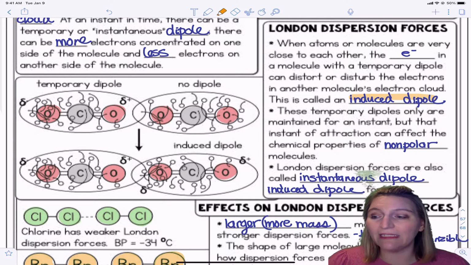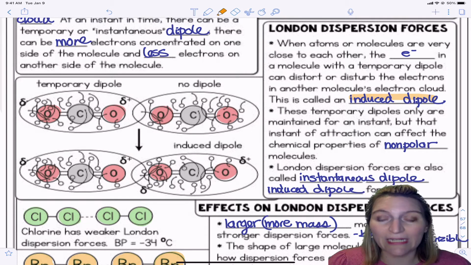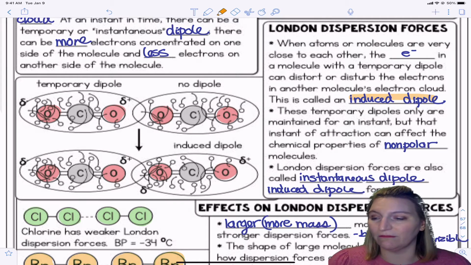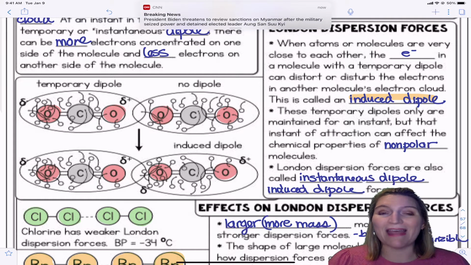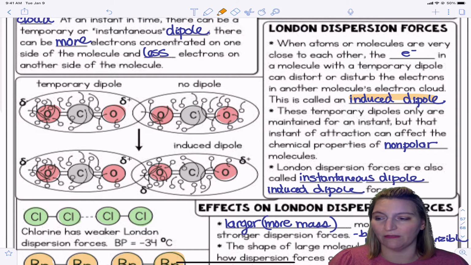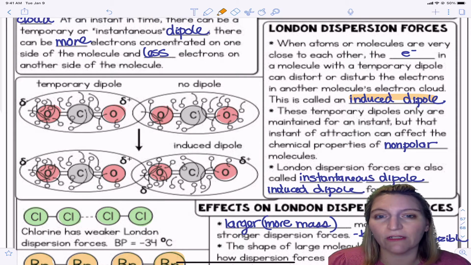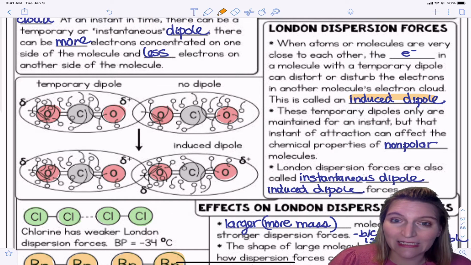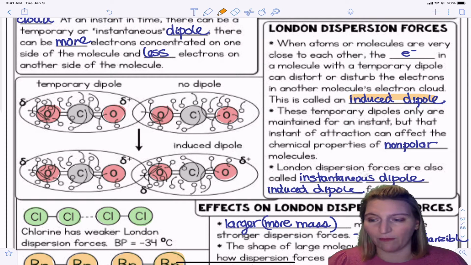The temporary dipoles are only maintained for an instant, but that instant of attraction can affect the chemical properties of nonpolar molecules. London dispersion forces are sometimes called instantaneous dipole, induced dipole.